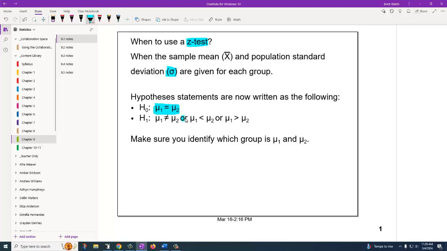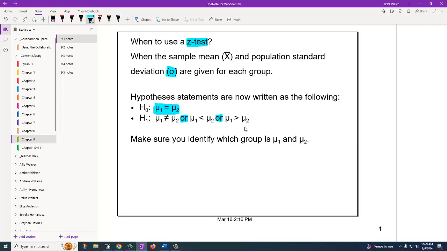In the alternative hypothesis, there will be three choices. It always starts with mu1. We could say mu1 does not equal mu2, we could say mu1 is less than mu2, or we could say that mu1 is greater than mu2. It's super important that we identify early in the process what's mu1 and what's mu2, which group each belongs to.